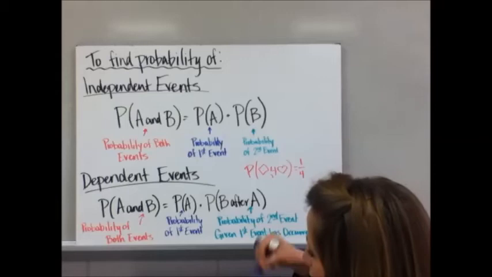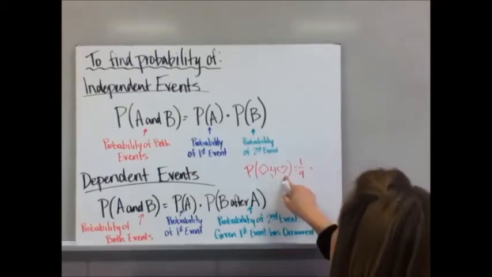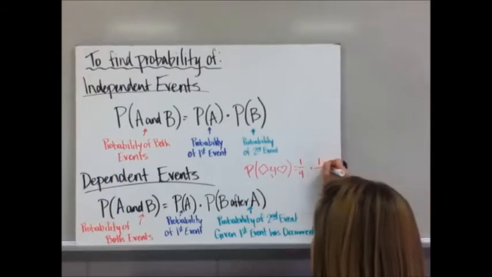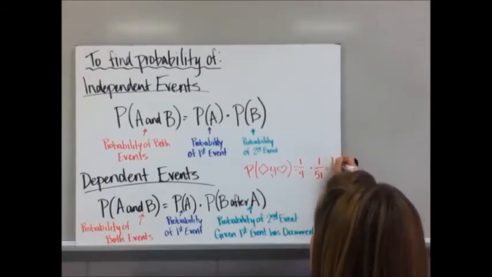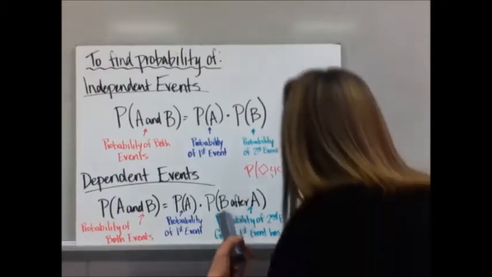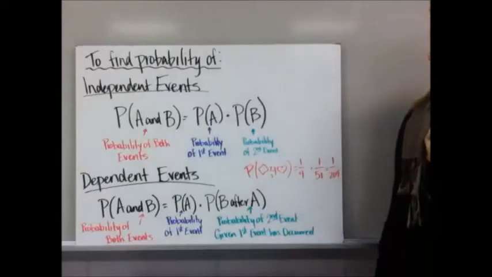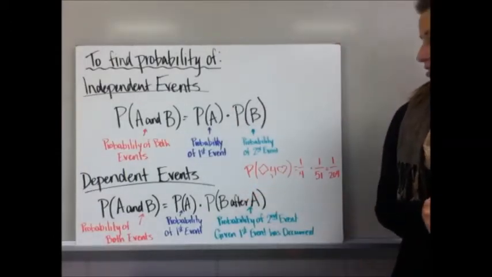So I'm going to select a card out of there. Now for the second time, the 4 of hearts. There is one card that's a 4 of hearts, but that's out of 51 cards now. So when I multiply across, that's a 1 out of 204 chance that I'm going to draw a diamond and then a 4 of hearts.